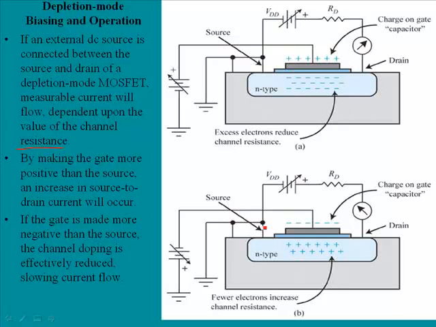Now, in the second scenario, if the gate is made more negative than the source, the channel of doping is effectively reduced, slowing current flow. And so here, this picture is the same as this, except that we have changed the biasing on the gate.